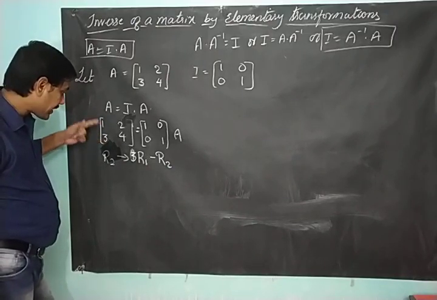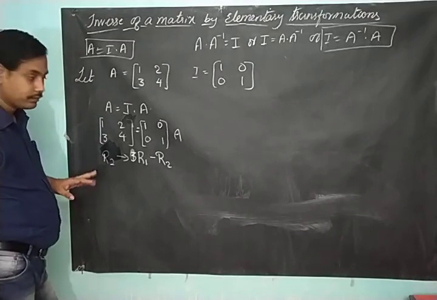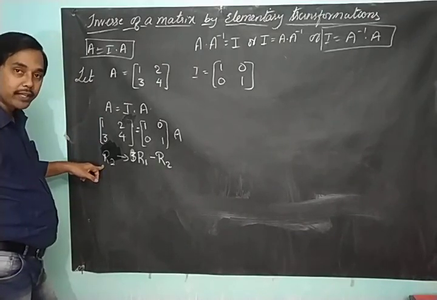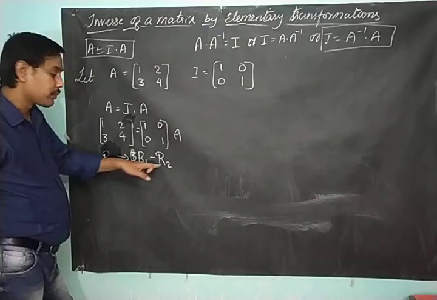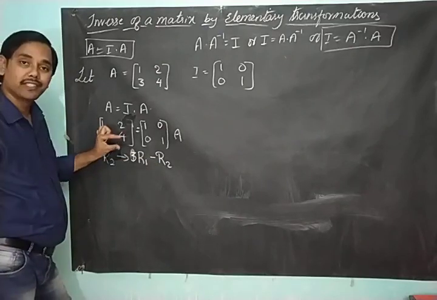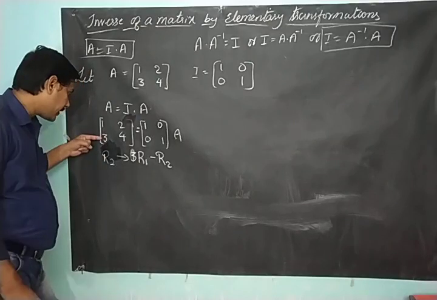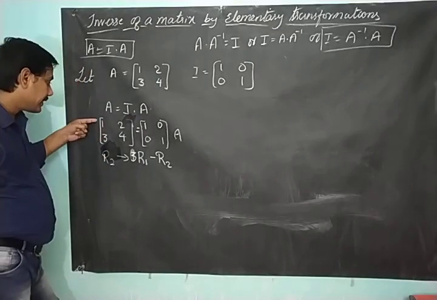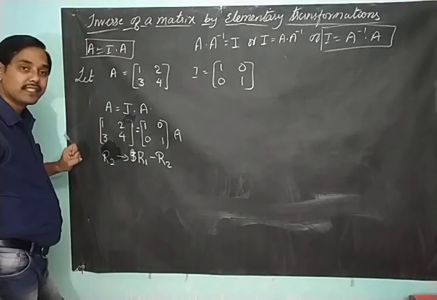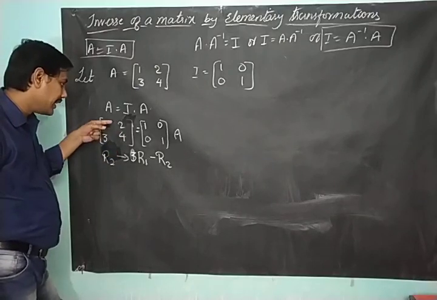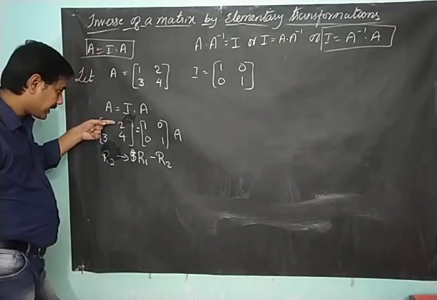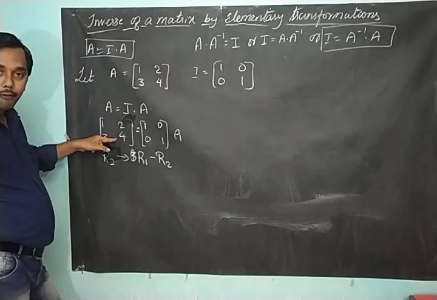So 3 minus 3 will be 0. What is happening to R2? It is 3R1 minus R2. You should replace all the elements of R2 with this value. So here 3 will be replaced by 3 into 1 minus 3. Here 4 will be replaced by 3 into 4 minus 4.